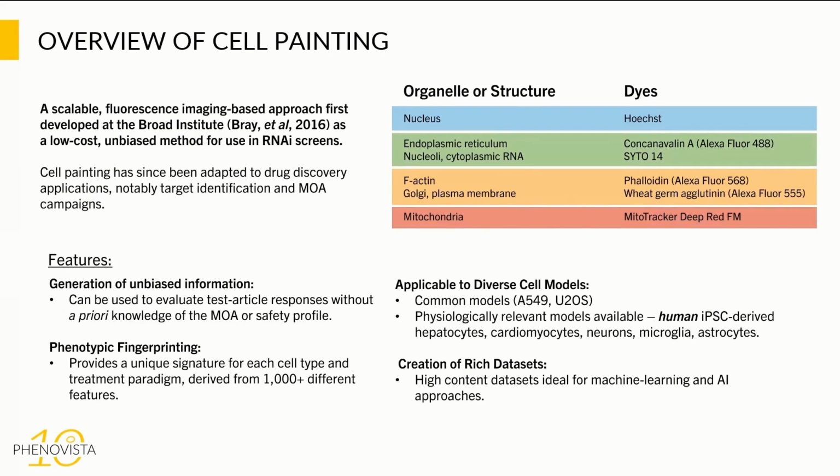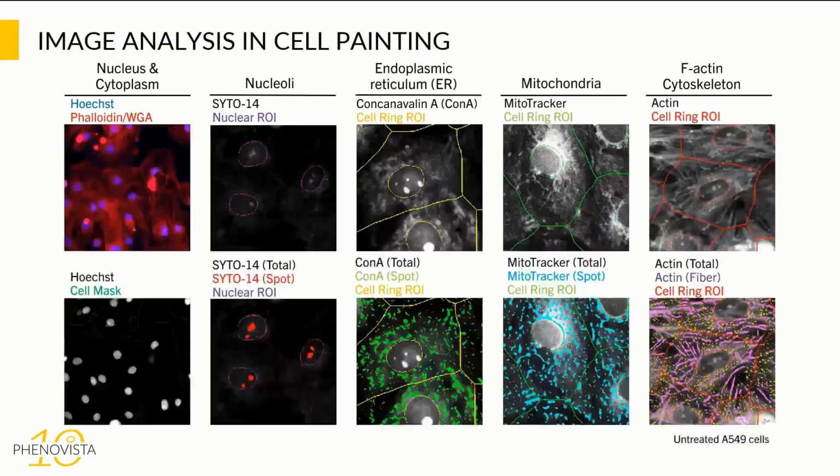Essentially, the richer your reference library is, the more data points you have, the more information you can get back about your test article. We have clients in the AI biotech space who like to use these rich data sets to help them develop and promote their predictive technologies. I think that's probably why a lot of people are getting more interested in working with us in cell painting assays.